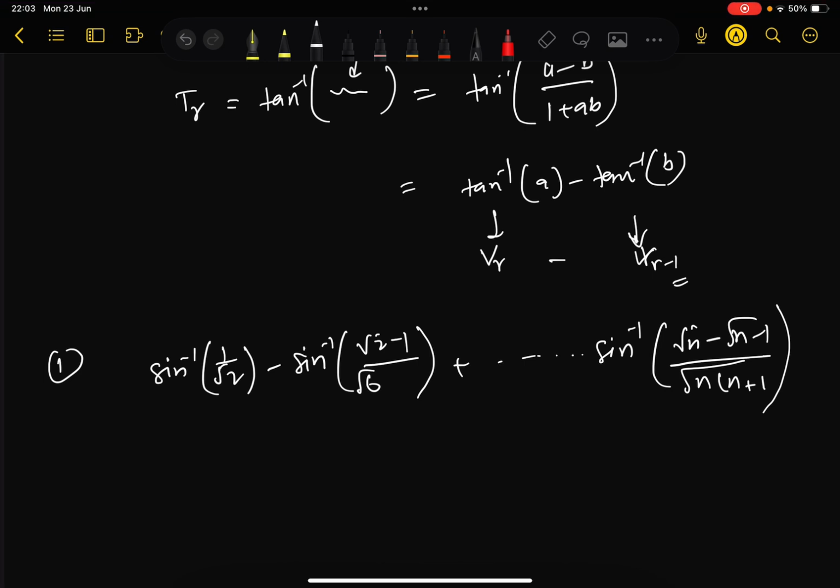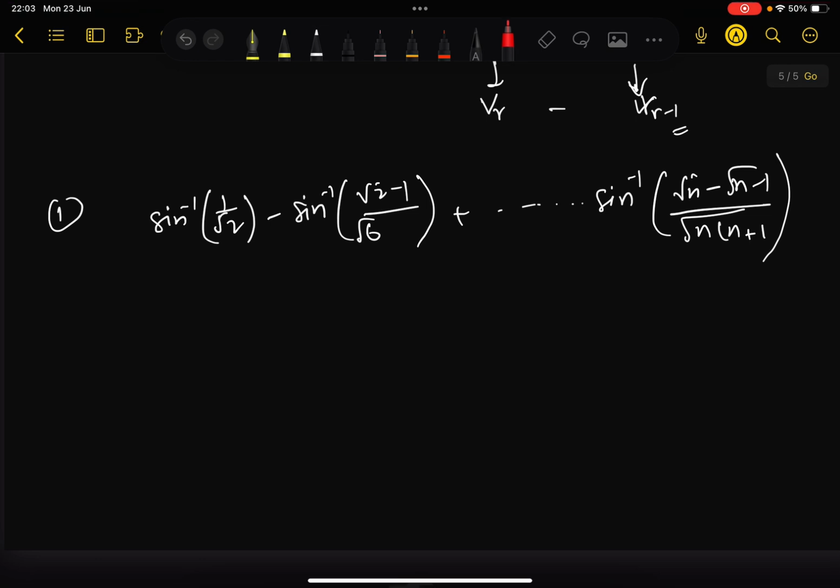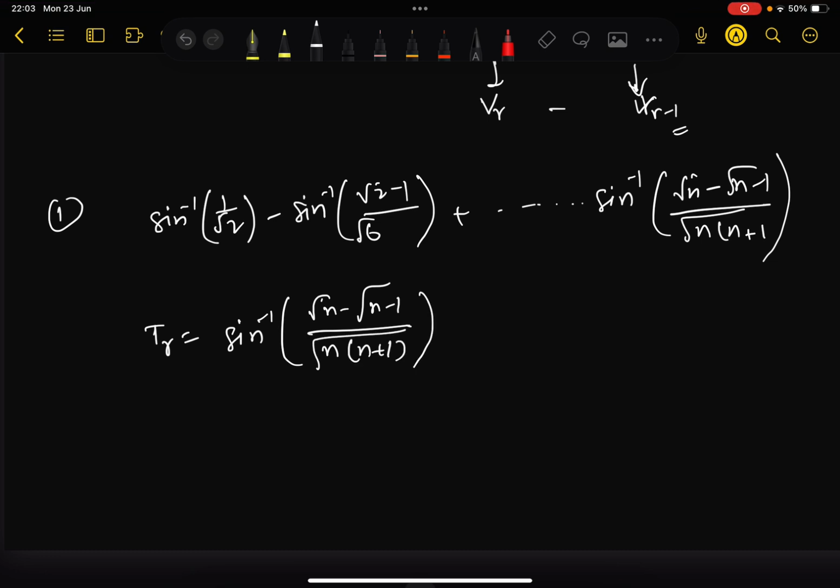So here we will try to find the nth term. You will always get the nth term in this format, right? So here tr, the nth term, is sine inverse root n minus 1 divided by root of n into n plus 1. This is the nth term.